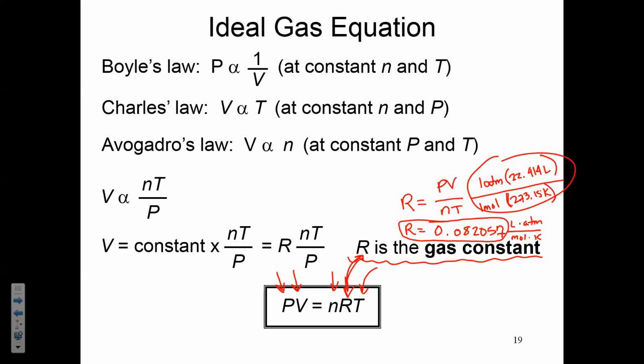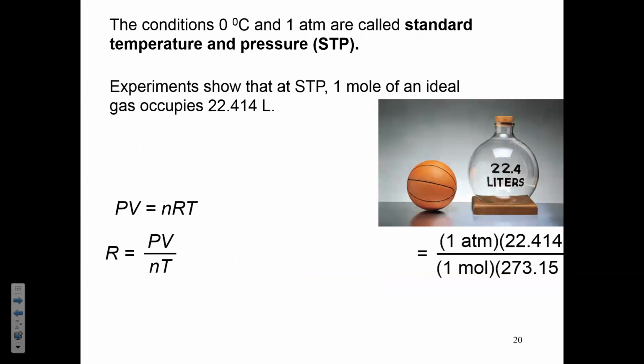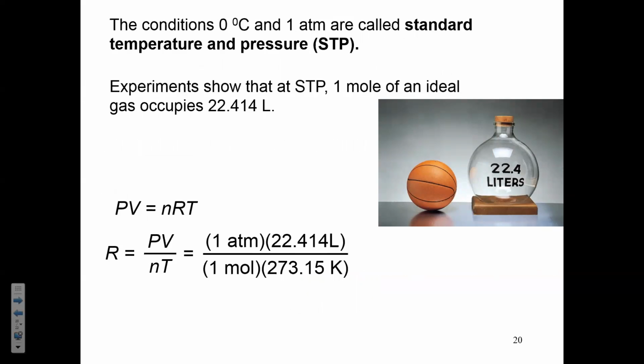The next thing is, if used correctly, these units should help cancel out some other things in that equation. Now, when using PV equals nRT, for that R variable, you've seen once atm, and we use that one atm because that's basically our standard pressure.